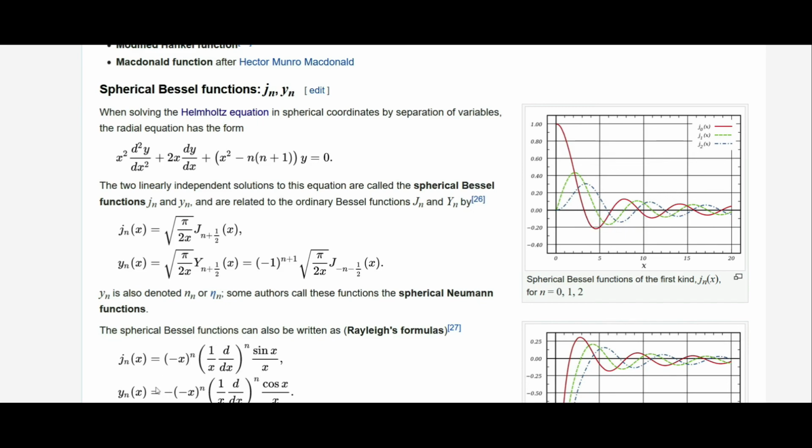And if we wanted to interpret this sort of like an atom, if we had our proton here in the center, then we would look at those zeros as the nodes of our orbitals.